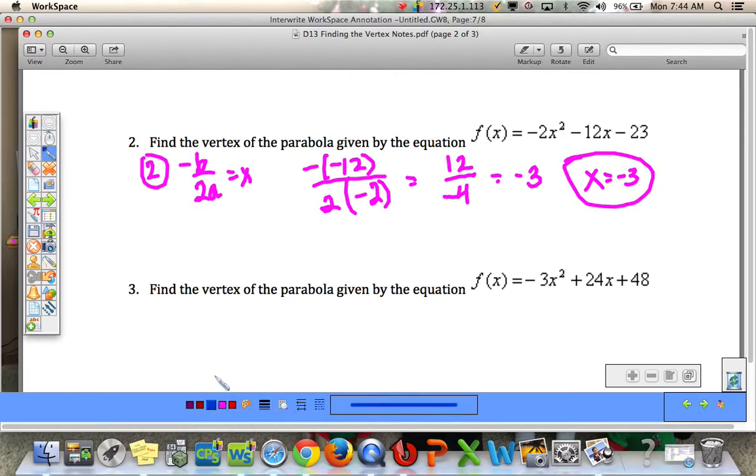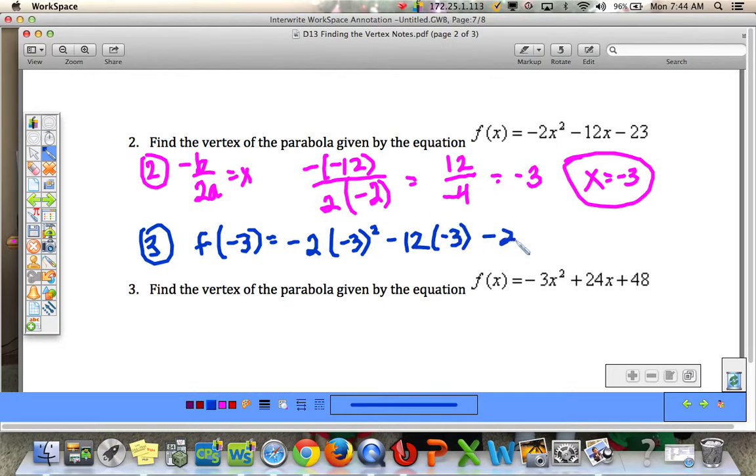All right, we need the y-coordinate, so there's the last step, 3. Plug into the original function with x equal to negative 3. So we get negative 2 times negative 3 squared minus 12 times negative 3 minus 23. So we're just plugging in, and if you solve this, you get negative 5. So the y value equals negative 5. So the vertex of this graph is at negative 3, negative 5.